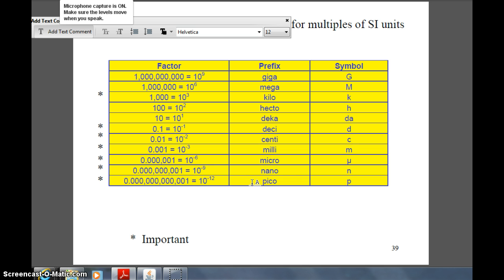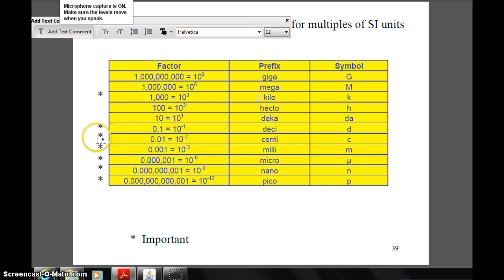Just an FYI, the size of an atom is usually in the range of nano and angstrom, so 10 to the power of negative 9, negative 10, that range, and the size of the nucleus is in the range of 10 to the power of negative 15, so that's femto.